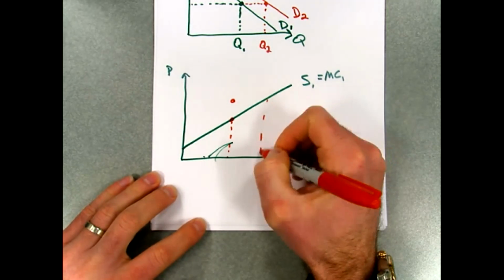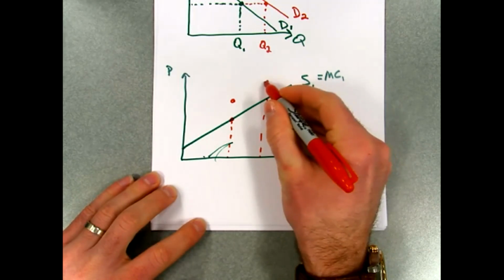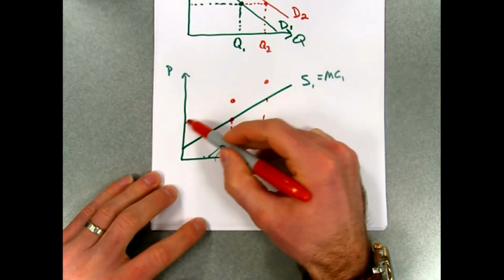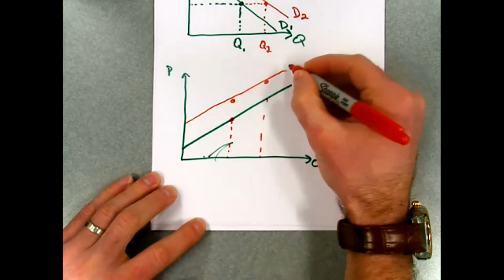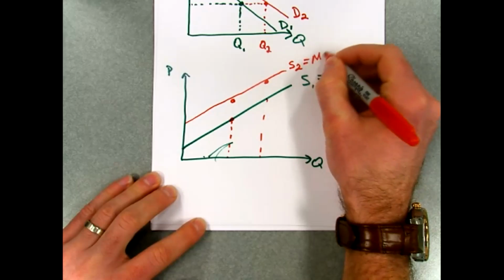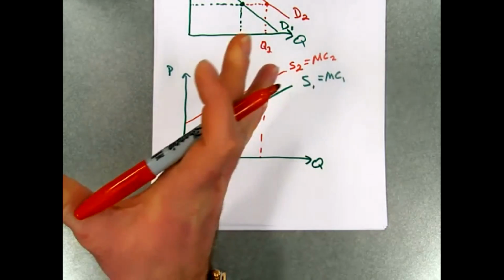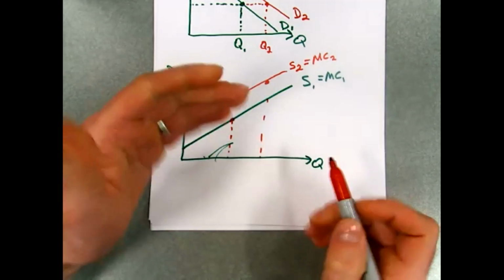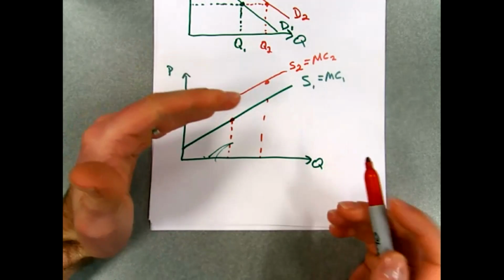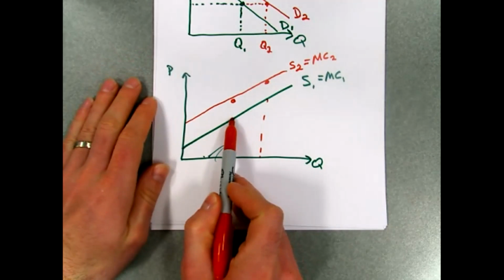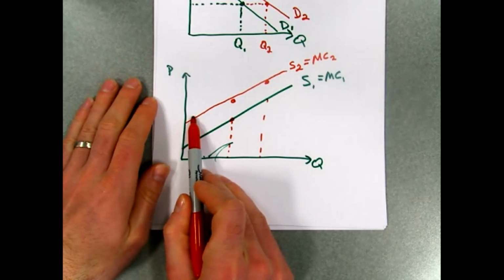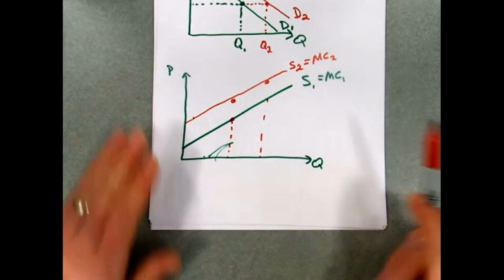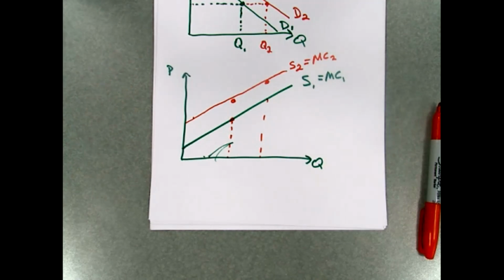If I'm looking at a quantity out here, our marginal costs are now higher, right? So if I did that at every single possible quantity, you can see our new supply curve would be up here visually, but really what this is saying is we're seeing a decrease in supply, right? At any given price, there's now less quantity supplied. So increases in input prices are going to decrease the supply curve.